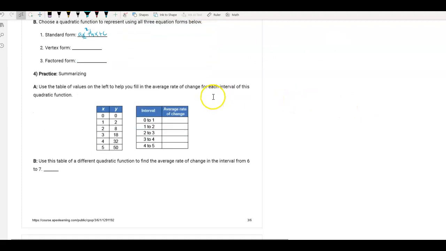Okay, a quadratic in vertex form, that's going to be your y equals a times x minus h all squared plus k. And factored form would just be some number times x minus some number times x plus some number, right? It could be plus plus or minus minus, it doesn't matter.